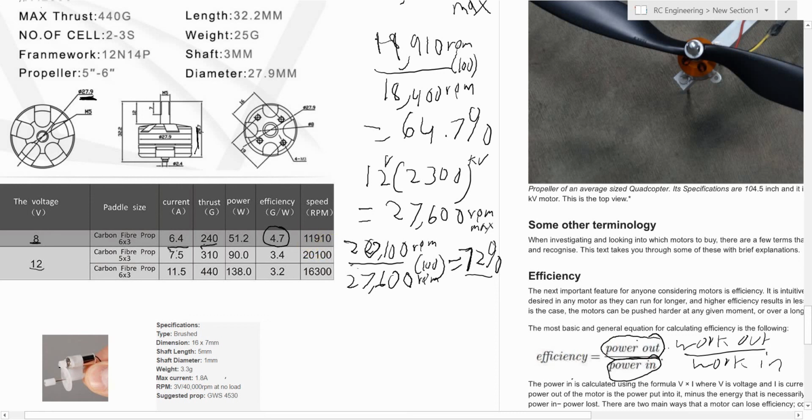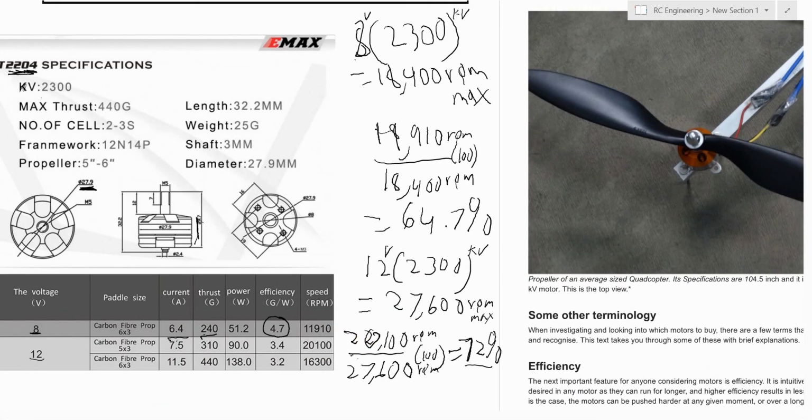11,910. So let's go ahead and apply this to our rule of thumb knowledge and see where they are on the efficiency curve and other things. So we do the basic math. 8 volts, which is our applied voltage, multiplied by 2300 kV, is equal to 18,400 RPM.